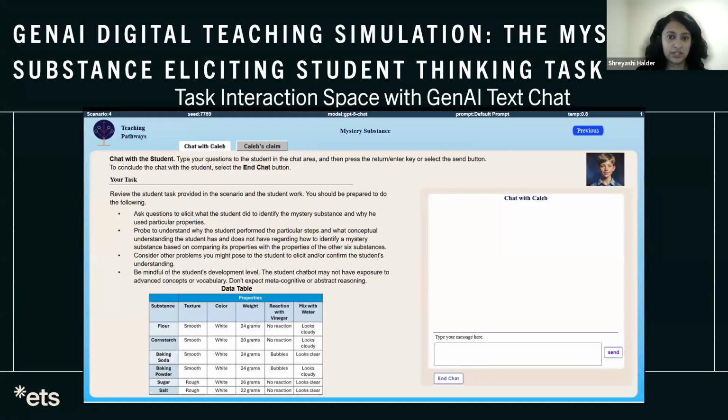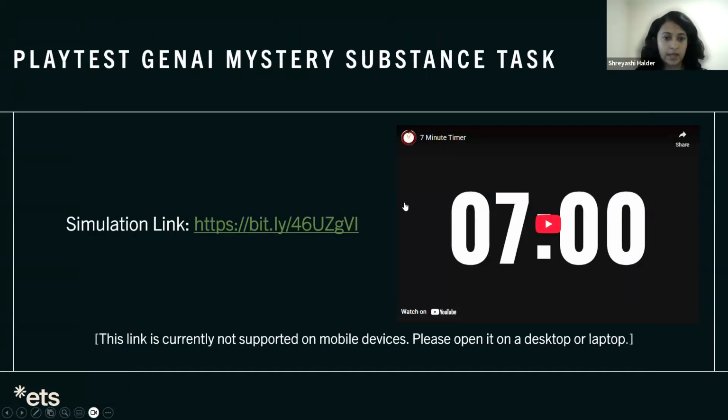Trisha, can you move to the next slide? As I said, you will get 7 minutes to try out this whole simulation, and you can ask the questions you discussed within your group. Those are the two questions, but you also have other questions to ask. We welcome you to ask those additional questions to Caleb, interacting with him.